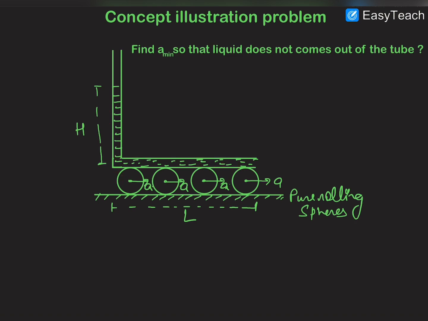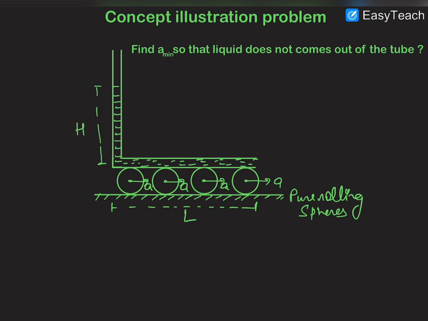Now amazingly, the liquid is not coming out from the tube from this open end, and to keep the liquid safe in the tube, we have to move the tube with some acceleration, and this is done by rolling it on smooth spheres on the ground, which are rolling on the ground. So we have to find out the minimum value of A so that the liquid does not come out.